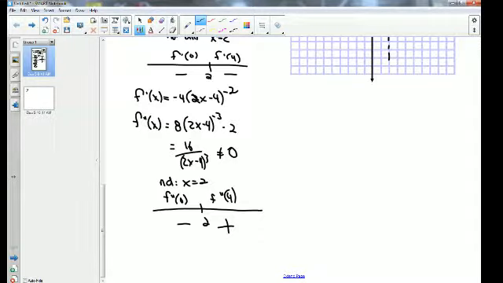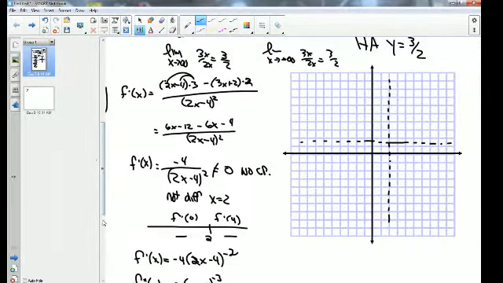Okay, so concave down to concave up, right? So we have decreasing concave down, and we have increasing concave up. You know what a rational function looks like, right? Remember 1 over x? It looks like this.